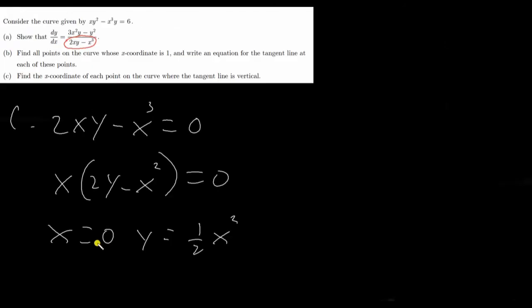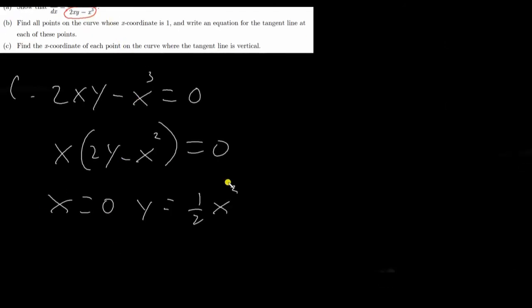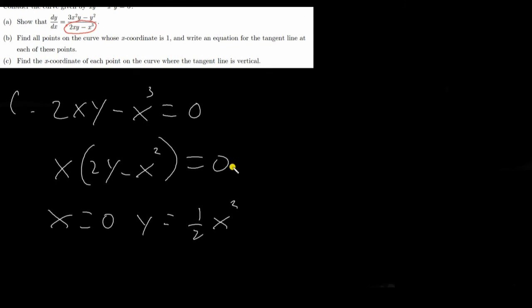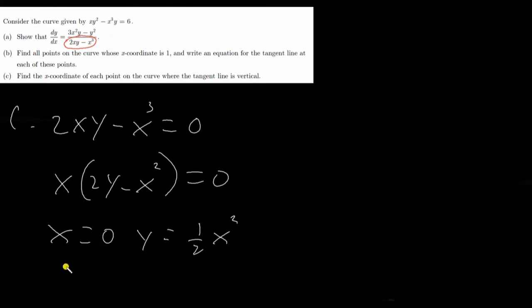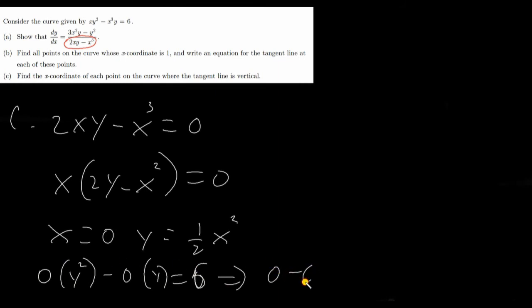So if we plug x equals 0 back into the curve, that's going to give us 0 times y squared minus 0 times y equaling 6, which is 0 minus 0 equaling 6.